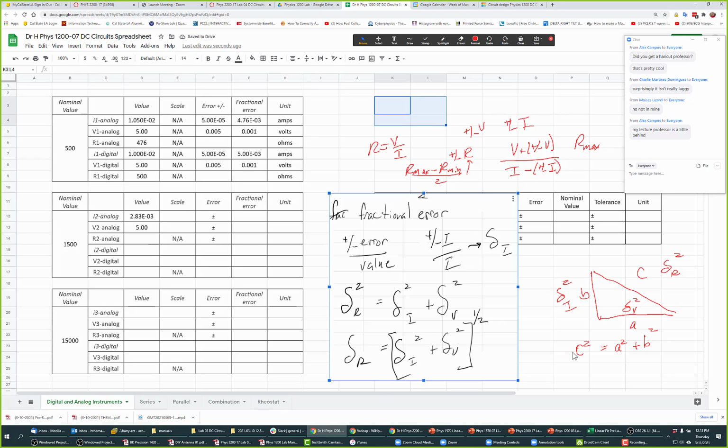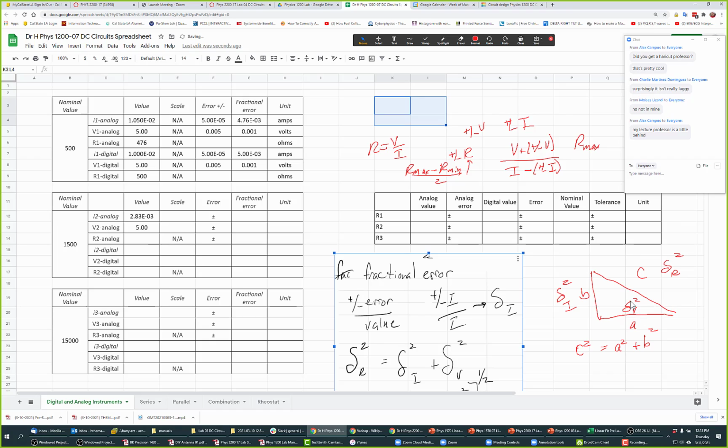Then if I take the square root, just like the Pythagorean theorem, I get the fractional error on R. Now this is going to be a smaller number than if I did it the other way, but it gives us this feeling: I think of it as two vibrating nodes that I'm multiplying once in a while, and most of the time they're going to be in that small middle area. When you add in quadrature, that's what you get.